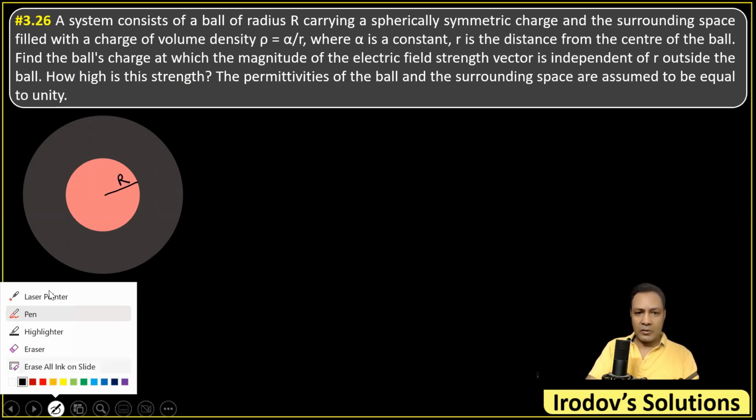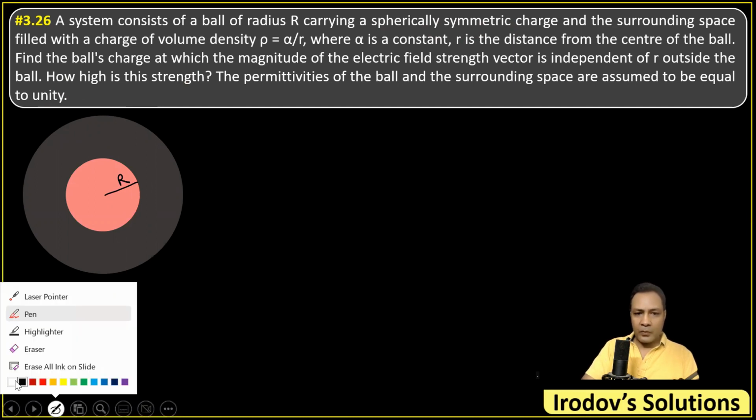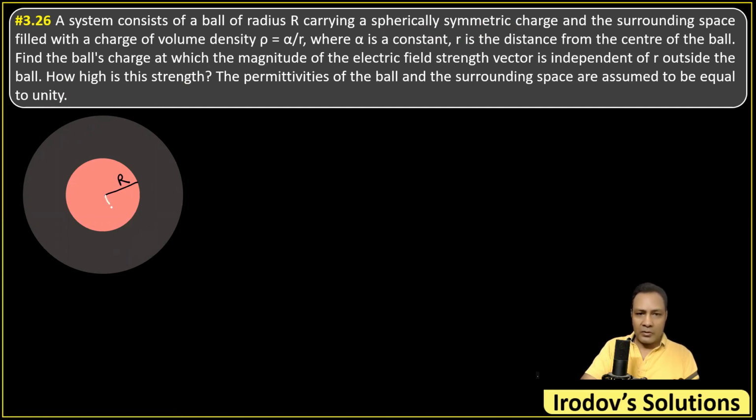There is charge distributed everywhere, but I've shown charge only up to distance, say, capital R. The small r is taken from the center of the sphere, and here the volume charge density is given to be rho equal to alpha by r, where alpha is a constant.